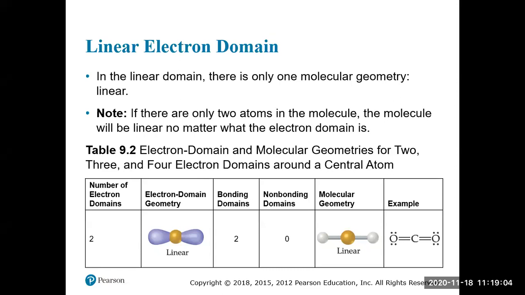So there's not really much to do on that. The other thing I'll point out is if you had a diatomic molecule, say Cl2, for instance, that's always going to be linear too, no matter what, because there's nothing you can really do with that in terms of connecting 2 things together. That's always going to be linear. So the linear one, electron domain number 2, nothing too surprising there.